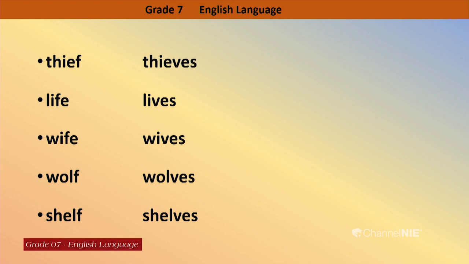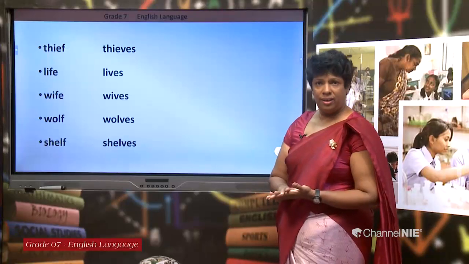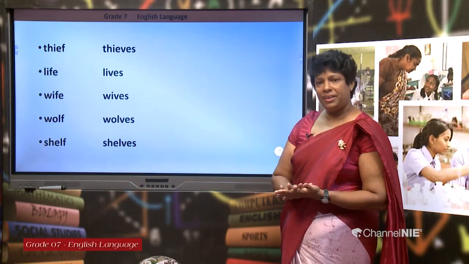Shelf, shelves. This is how you make the plural form of these words if you have F in the word. Understand? This is very easy.